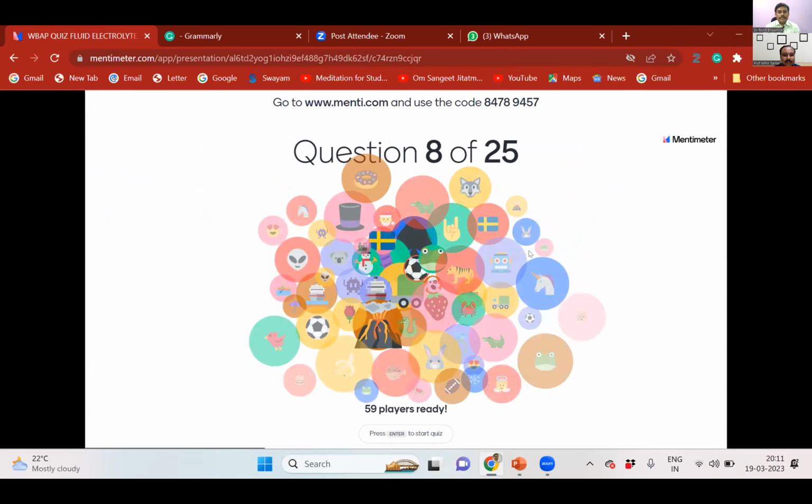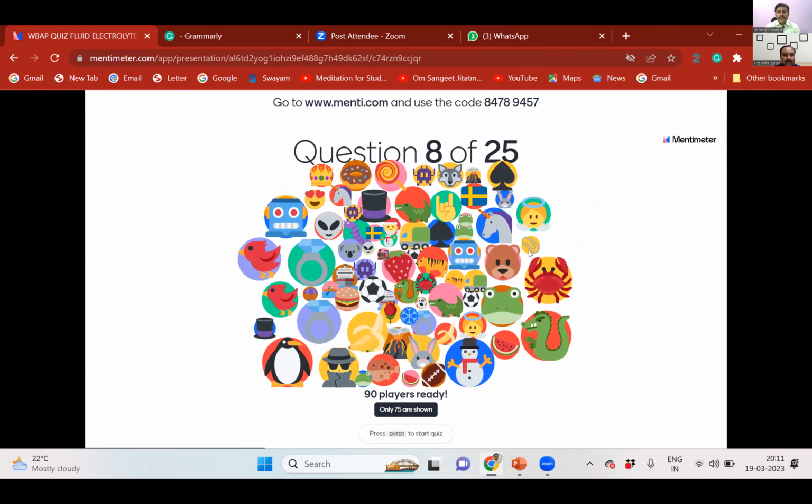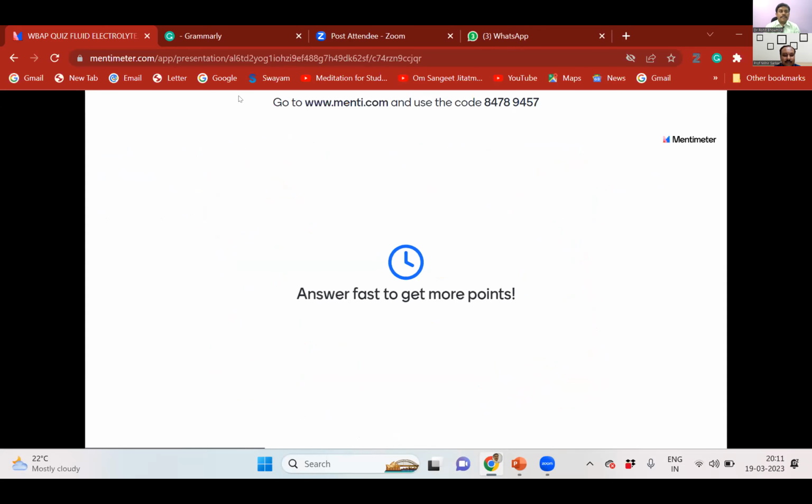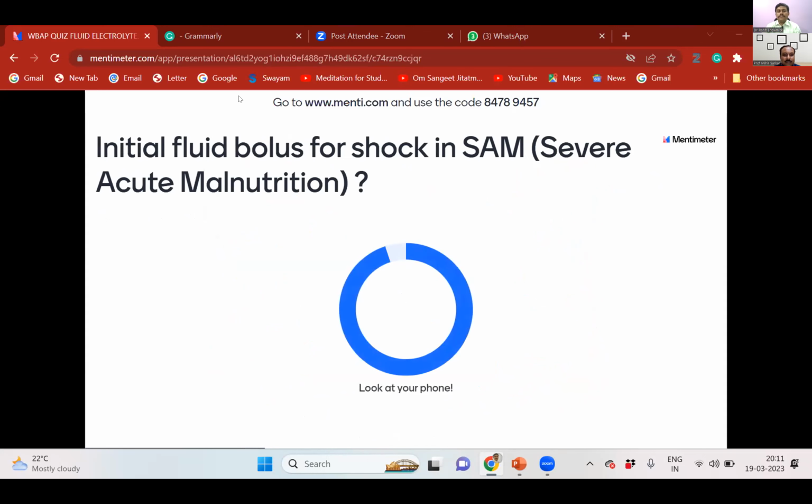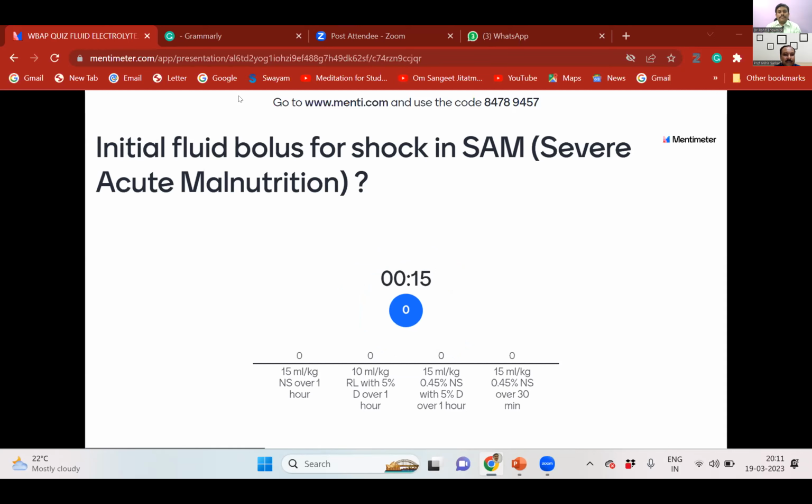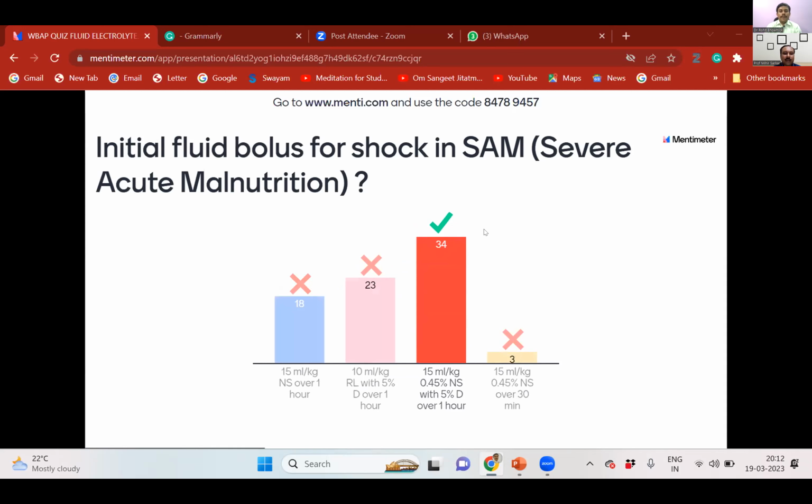Next question. All players join. So fluid for Sam, many gave correct answer.